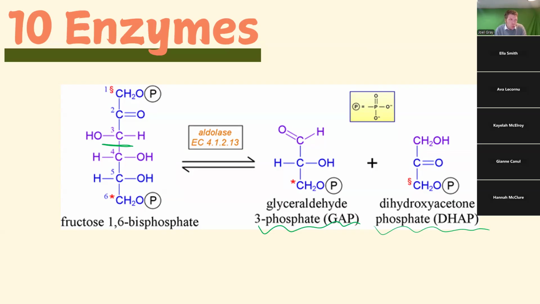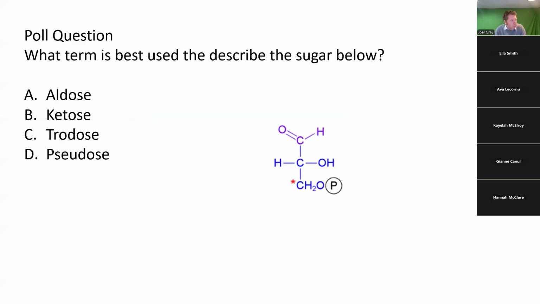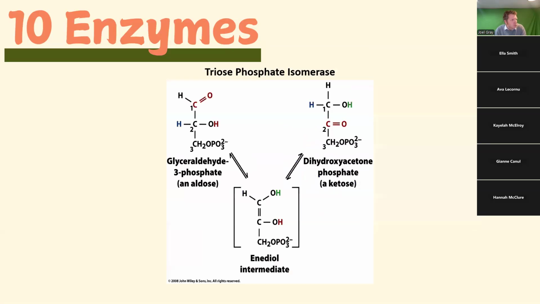So we get two 3-carbon molecules that are phosphorylated. Now, from there, triose phosphate isomerase is going to take our dihydroxyacetone phosphate, our ketose, and produce our aldose, glyceraldehyde 3-phosphate.